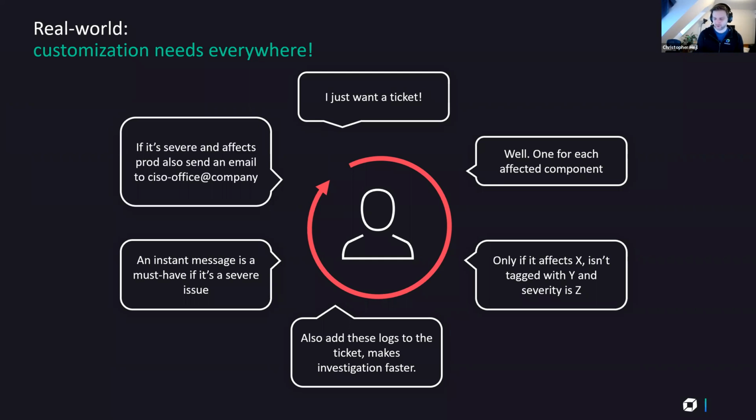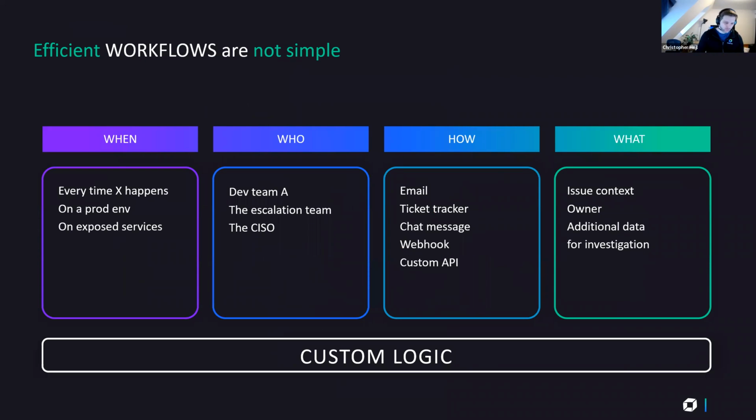So all of these processes are never that simple, and this is just one example in one area. And if you look at our side, the next team could have a slightly different process, and the next department could have a different process, and maybe different tools that are involved. And certainly from company to company, it's a bit different. So all of that requires some custom logic: when exactly to do something, who is responsible, where to get that information, where to get the routing information, how to reach that person, maybe depending on what it affects, maybe depending on what the vulnerability is, maybe depending on the time of day, and so on and so forth.